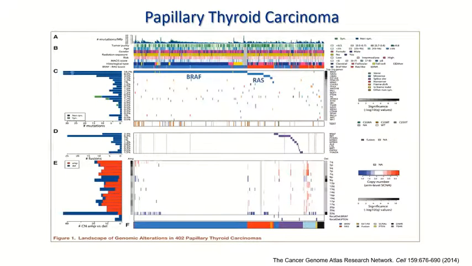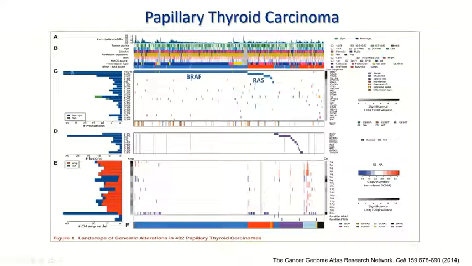So we start our discussion with papillary thyroid carcinoma, the most common type of thyroid cancer. This TCGA diagram, I'm sure you've seen multiple times, but I will go through it one more time to be sure that we are all on the same page.